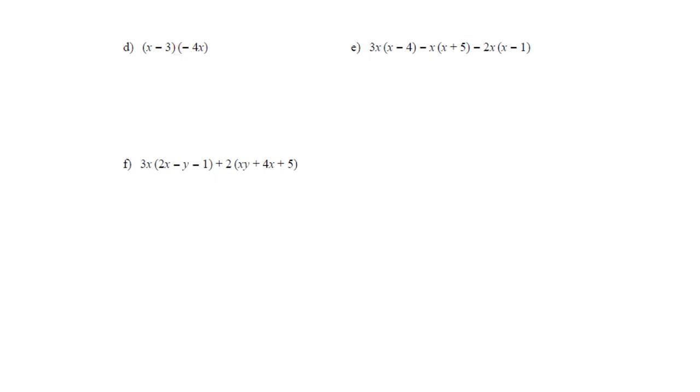So I need to take that multiplication and expand my negative 4x to everything inside the bracket. Okay, I've got my x times negative 4x. That's going to get me a negative 4x squared. And then I have my negative 3 times negative 4x. Well, I have a negative times a negative, which is a positive. And 3 times 4 is 12 with that x.